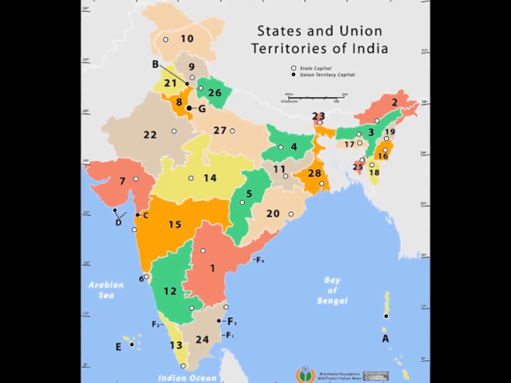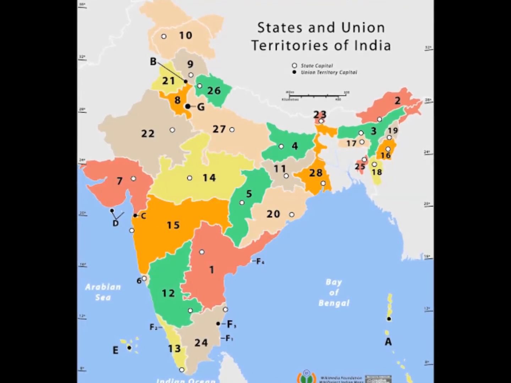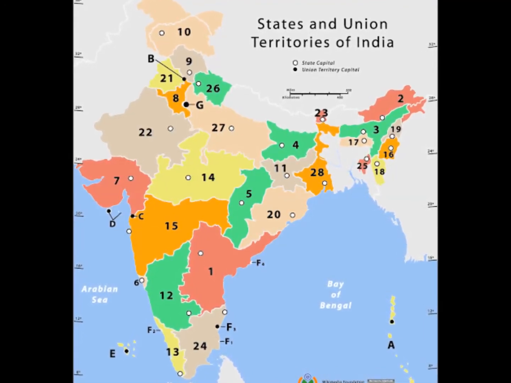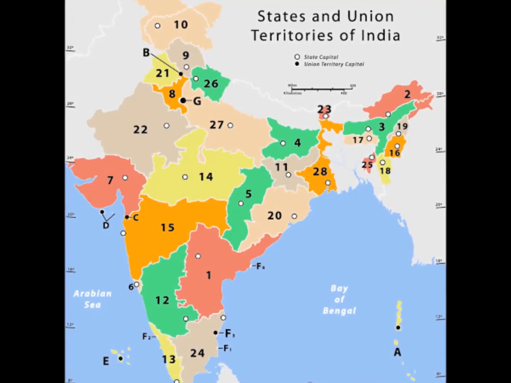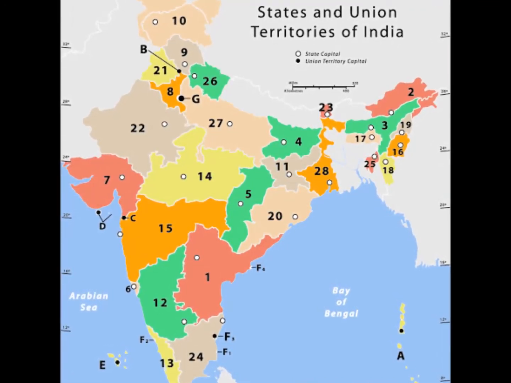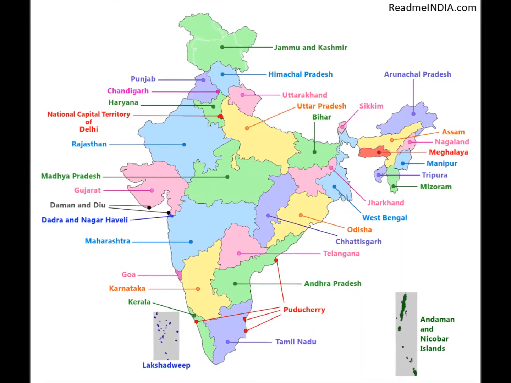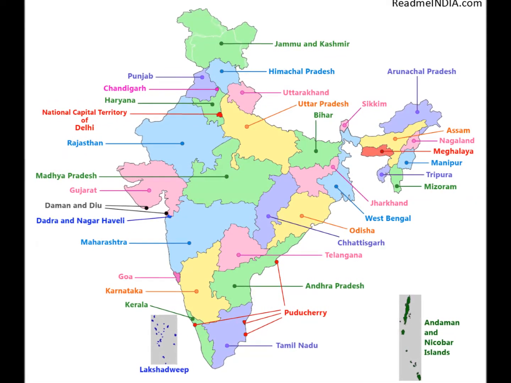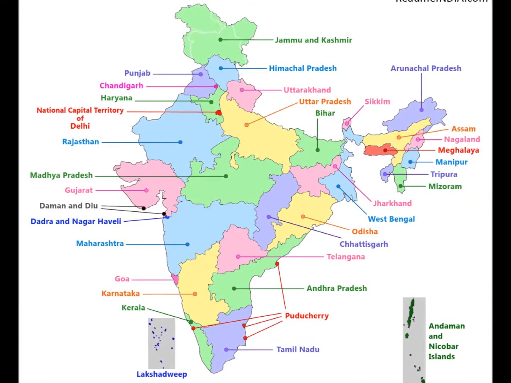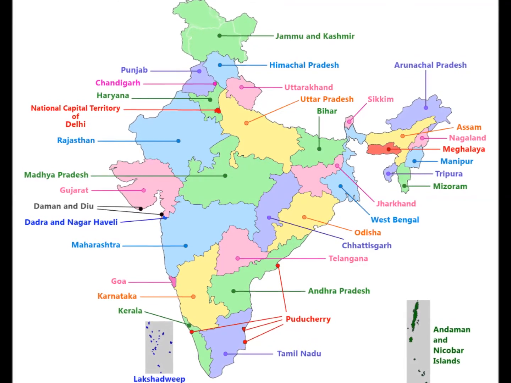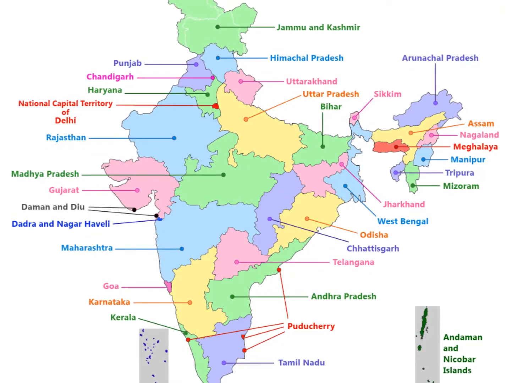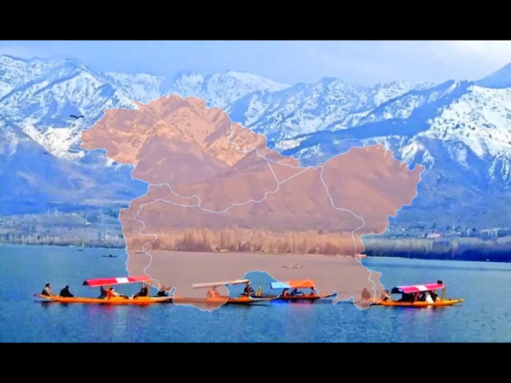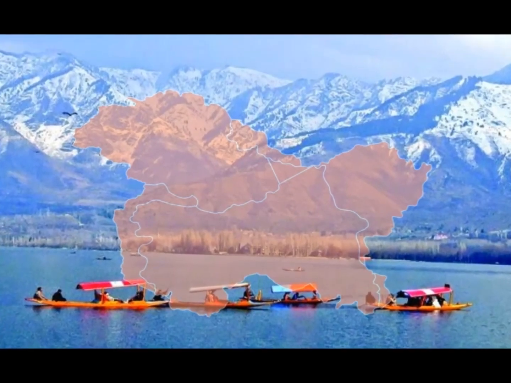From olden times we studied that India had 29 states and 7 union territories. But from last October onwards some changes happened, both geographically and politically, inside our country, and one state lost its status as a state and turned into a union territory.